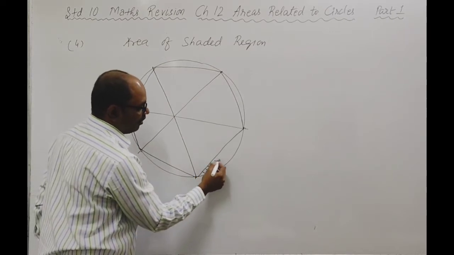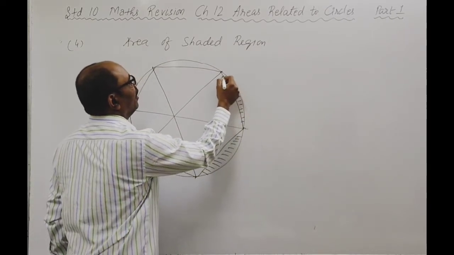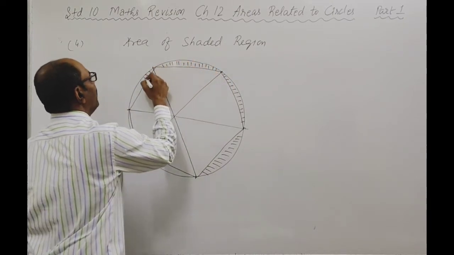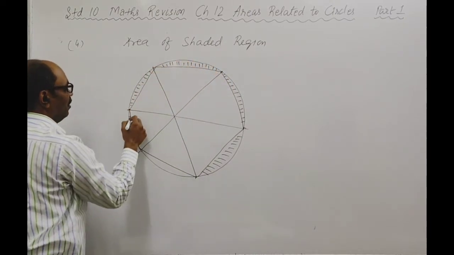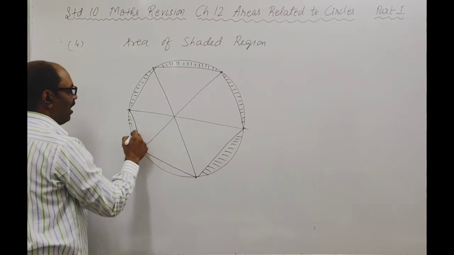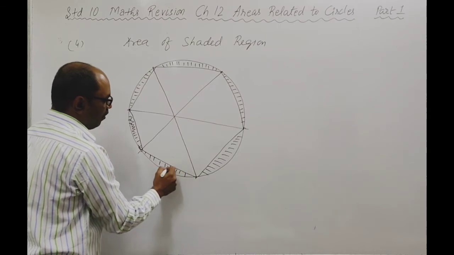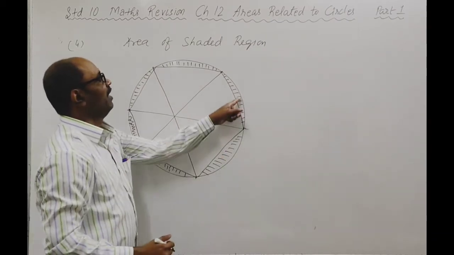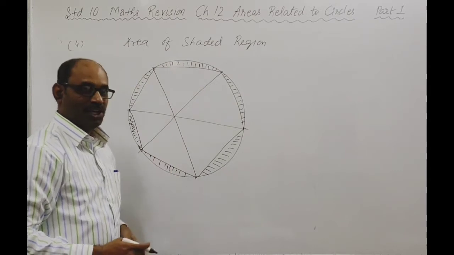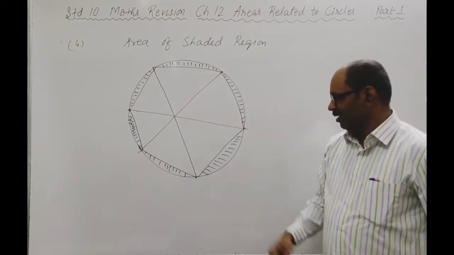And this part, it's shaded. And you are supposed to find the area of shaded region. You might find little bit small and large because, yes, the diagram is not that perfect. But imagine this all 6 parts shaded that you see are of equal area.